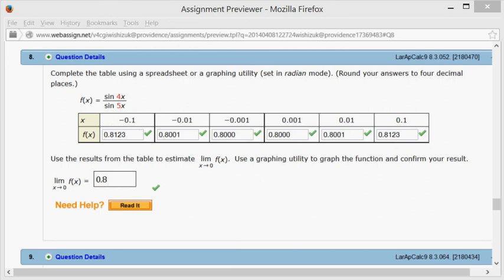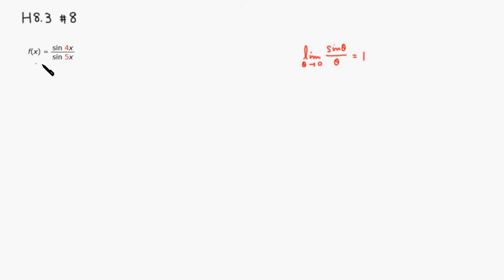We want to evaluate the limit of this function, sine of 4x over sine of 5x, as x approaches 0. Remember that we have one of those useful limits: the limit of sine of theta over theta is equal to 1.